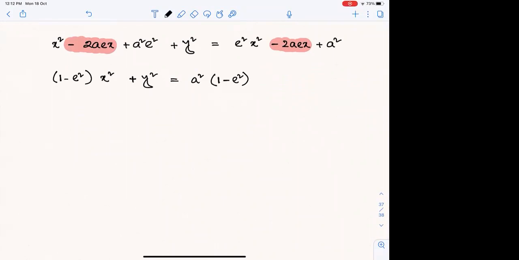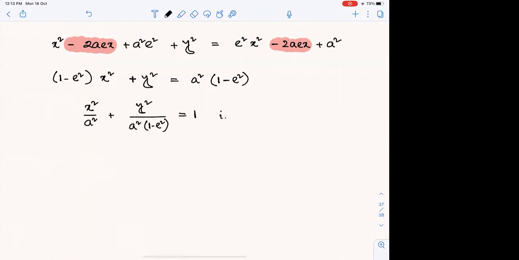So if we divide the whole equation by the right hand side, we are going to get x square by a square plus y square by a square into (1 minus e square) is equal to 1.